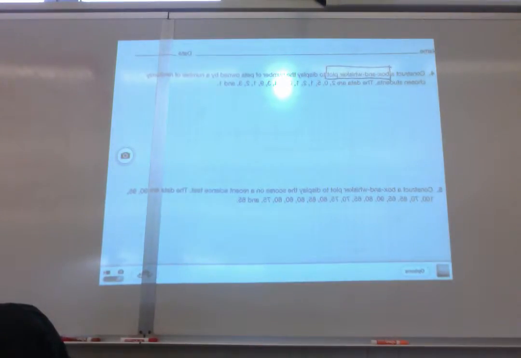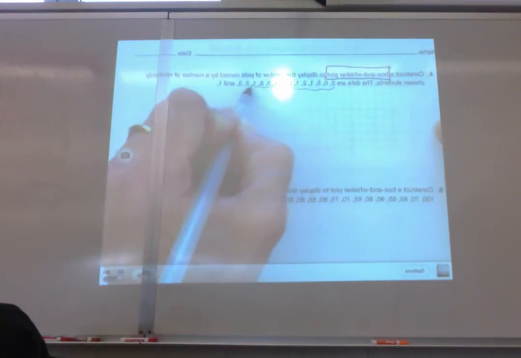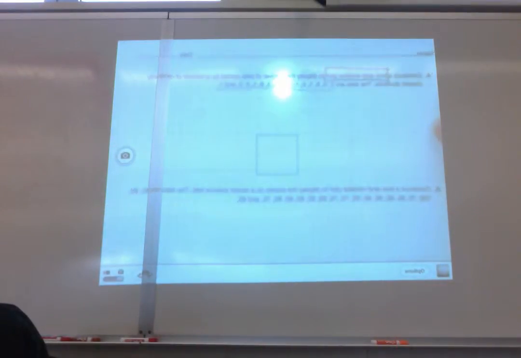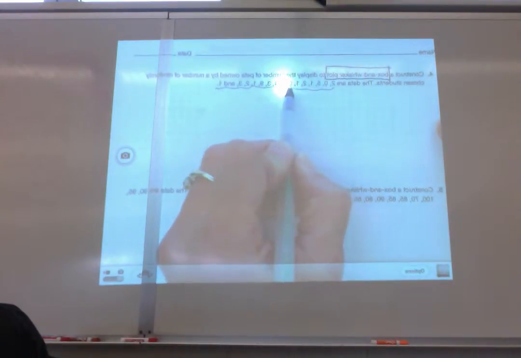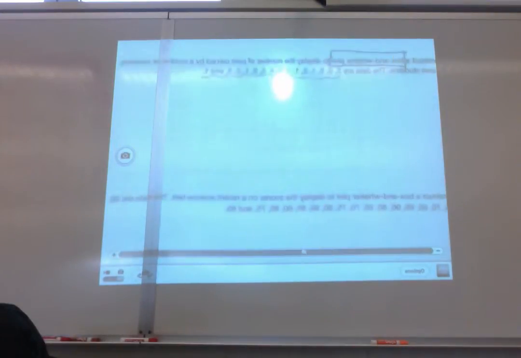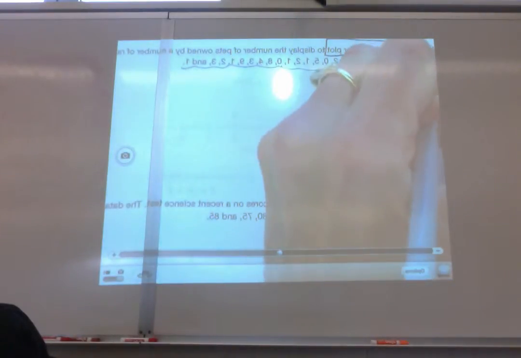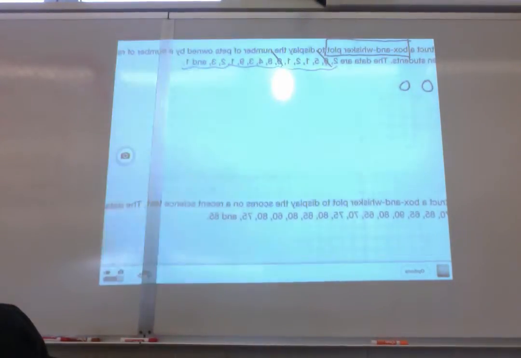We need 5 numbers out of our data in order to make a box and whisker. Before we get those 5 numbers, we take the data and line it up from smallest to largest. Now I see I have 0 as my smallest number. How many zeros do we have? 2. So I'm going to go 0, 0, and I'm going to cross those out in my list.